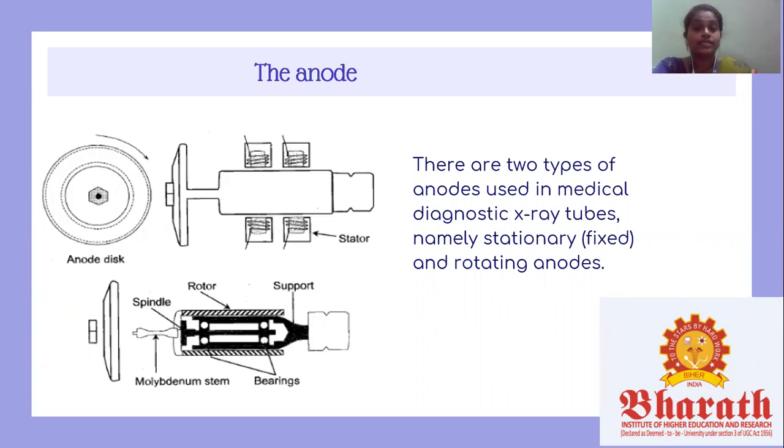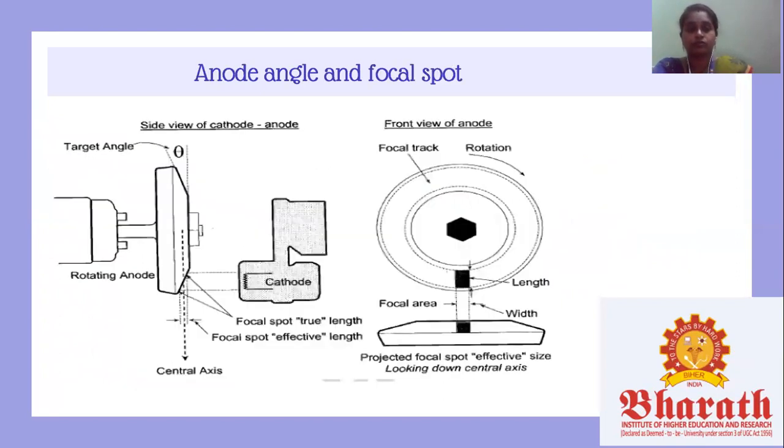The anode disk rotates and is subjected to the focused beam of electrons emanating from the cathode, which is accelerated by the high potential difference between the cathode and the anode. When the electron beam hits the anode at the actual focal spot, the interaction of the electrons with the target material produces the X-ray beam.